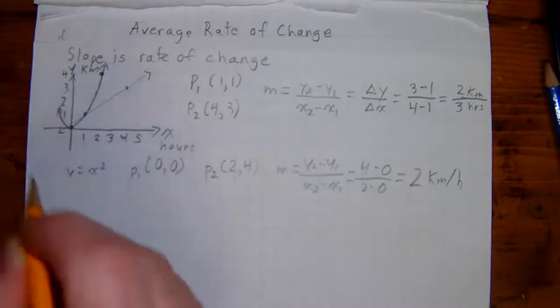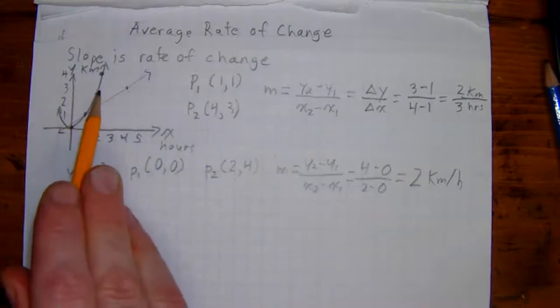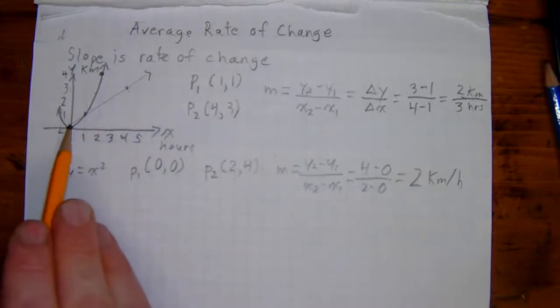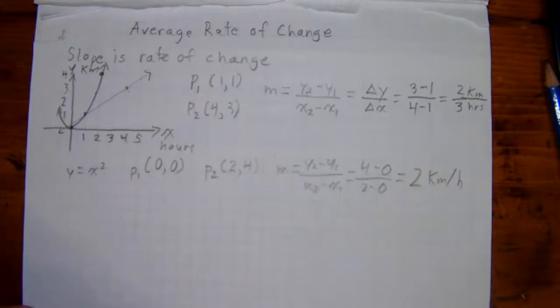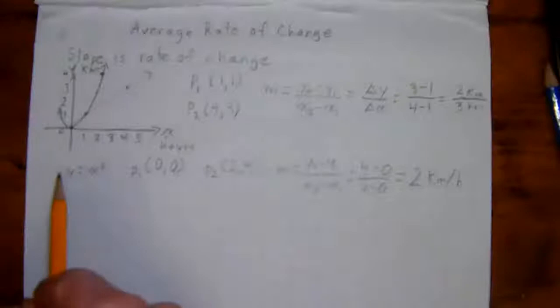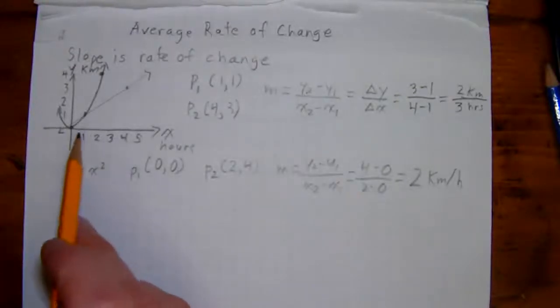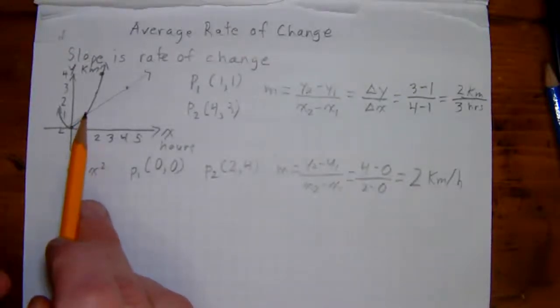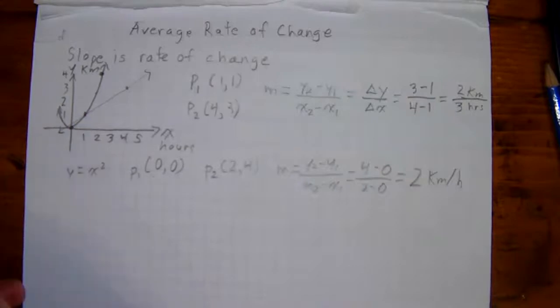If we look at them here, their rate of speed is actually higher than 2 kilometers an hour. If we look at them down here, their rate of speed is actually lower than 2 kilometers an hour. It happens in this case, and this won't always be true, that the middle point is exactly where they hit the exact speed of 2 kilometers an hour. And we'll take a moment and show that later.